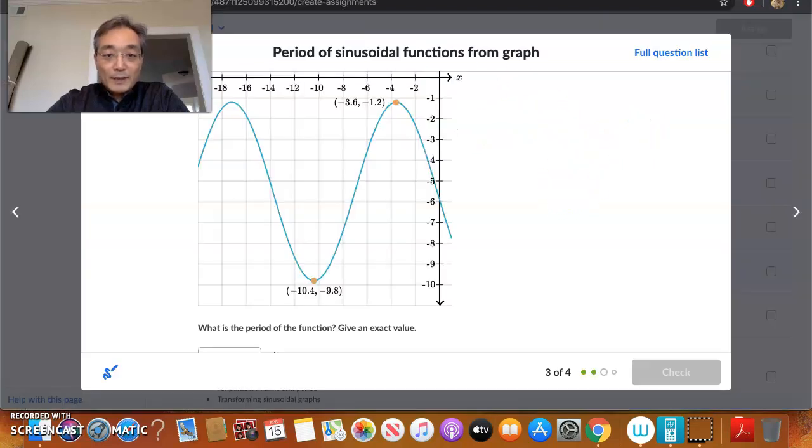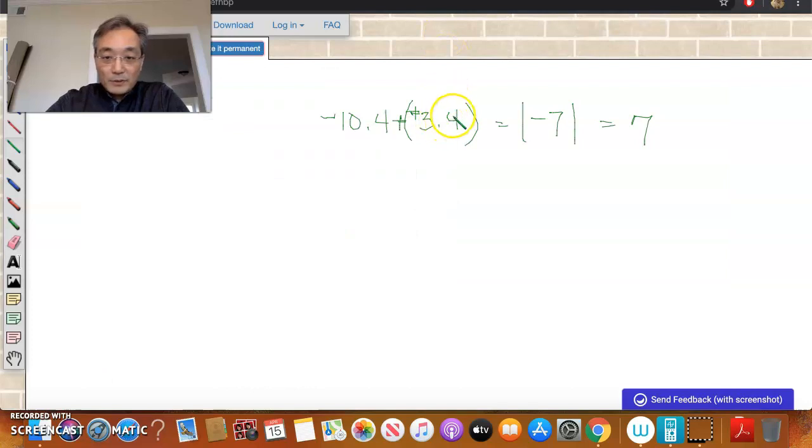So if we go back here, so the horizontal distance, oops, I think I got these coordinates wrong. Yeah, should have been 3.6, sorry about that. So let me just do that again. Just clean it up a little bit, that should be 3.6.